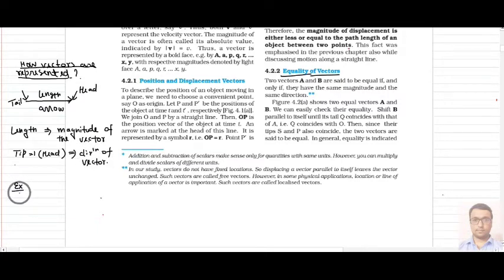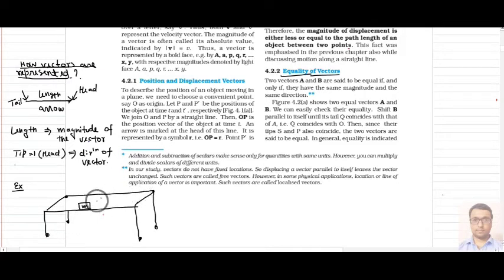Let me take an example. Suppose we have a block kept on the ground and its mass is m. You can consider it like a table, and we have kept our block on this table.